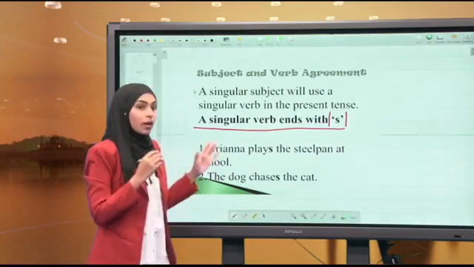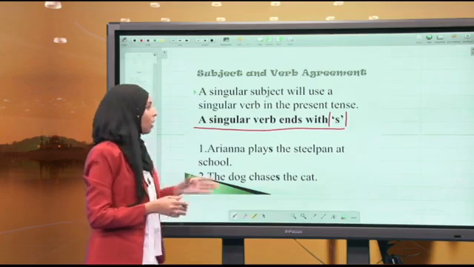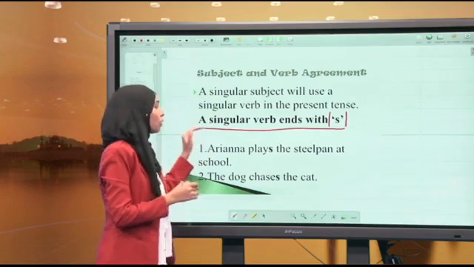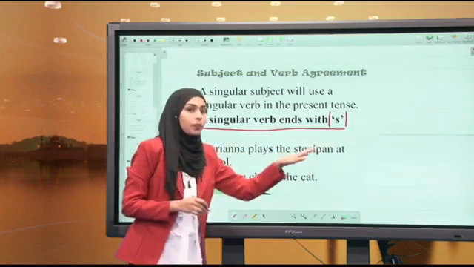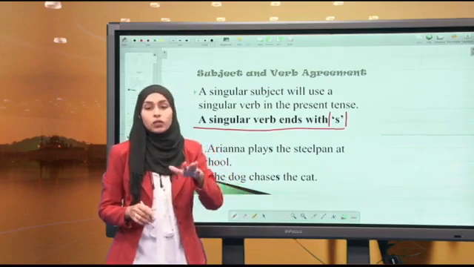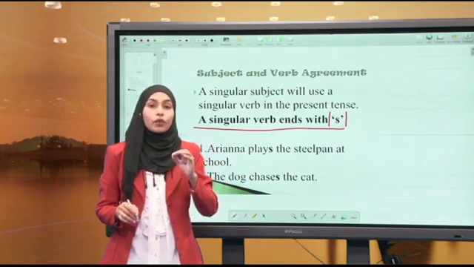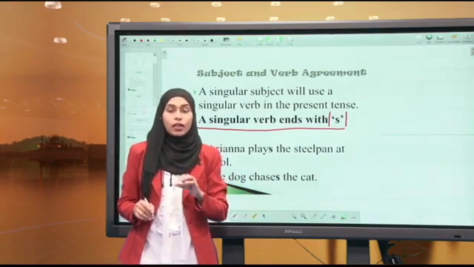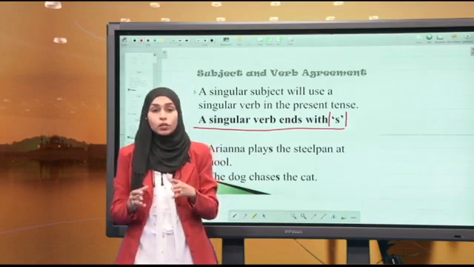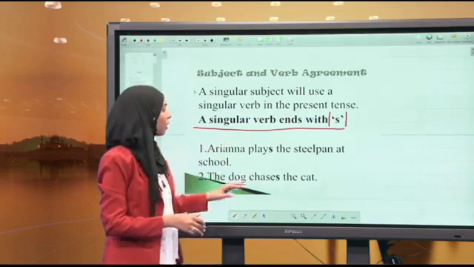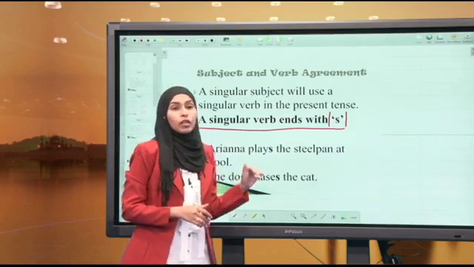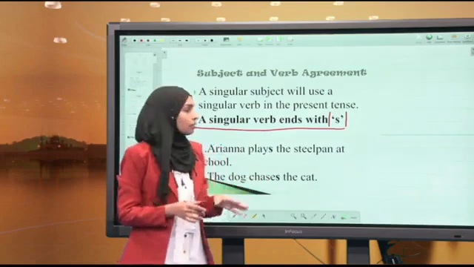And once you find that verb in that sentence, and it's a singular subject, you know that your verb is going to end with an S. Now, when we see end with an S, you're thinking plural. But in the case of verbs, this is different, and that is the misconception with students. Here, in the case of verbs, a singular verb ends with S.